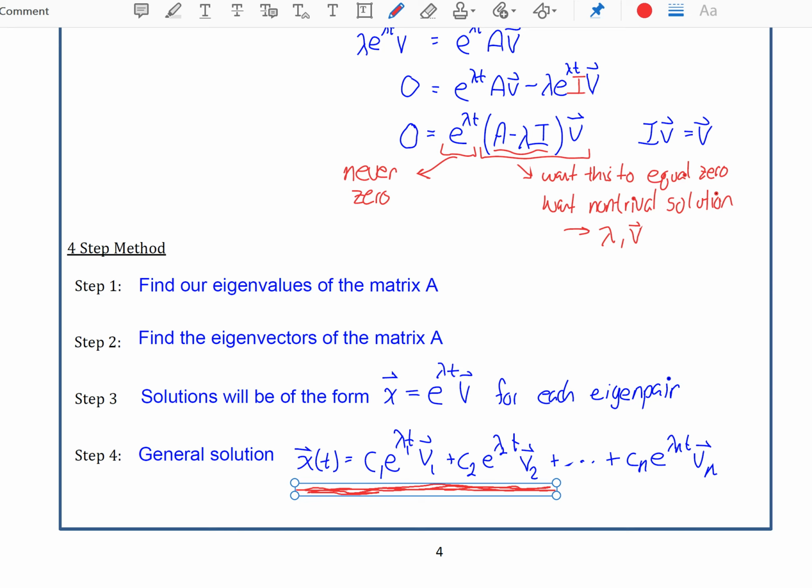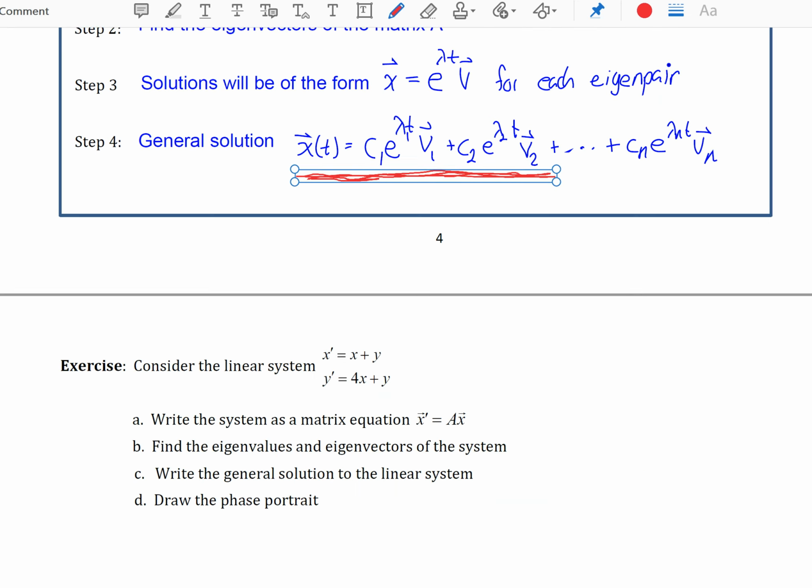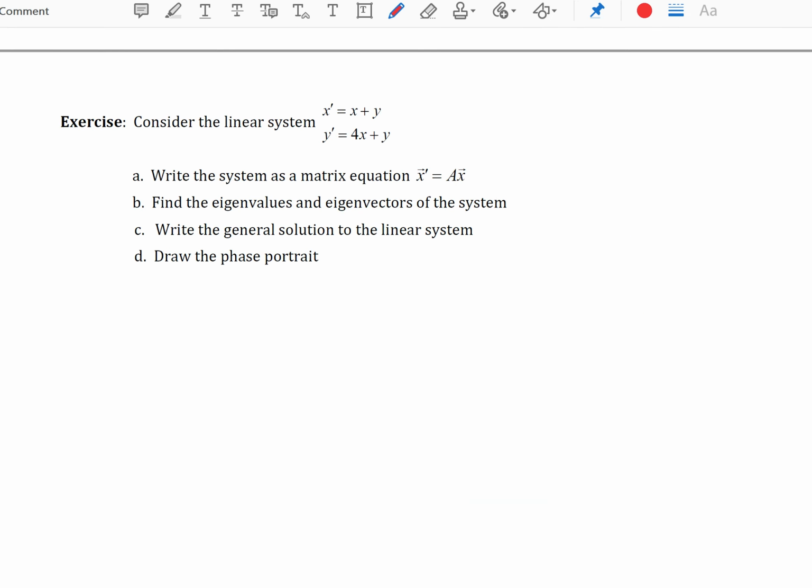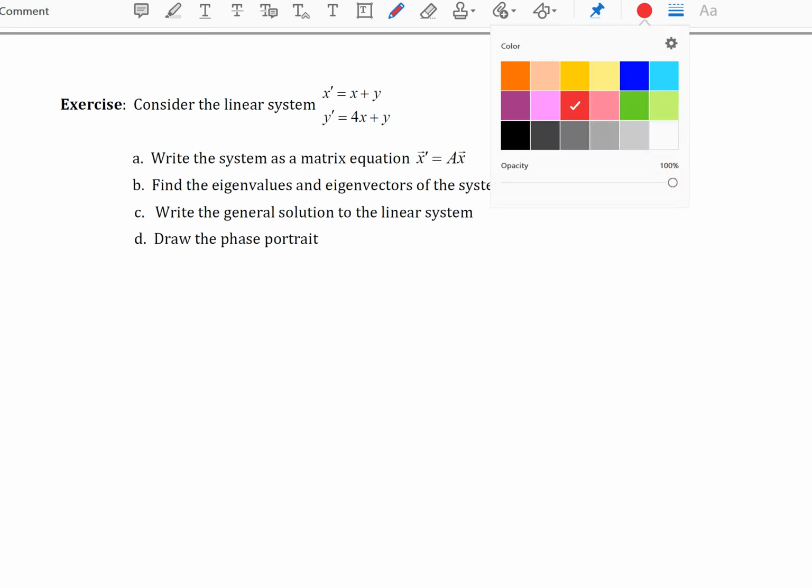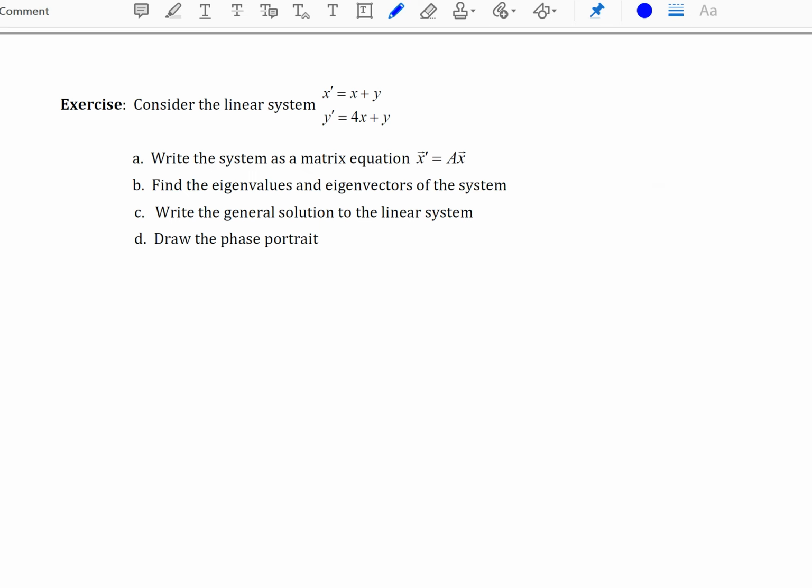Let's look at an example. Consider the linear system given here. Let's rewrite this system as a matrix equation. So part A as a matrix equation, we're going to let our vector x represent the vector of functions x, y.